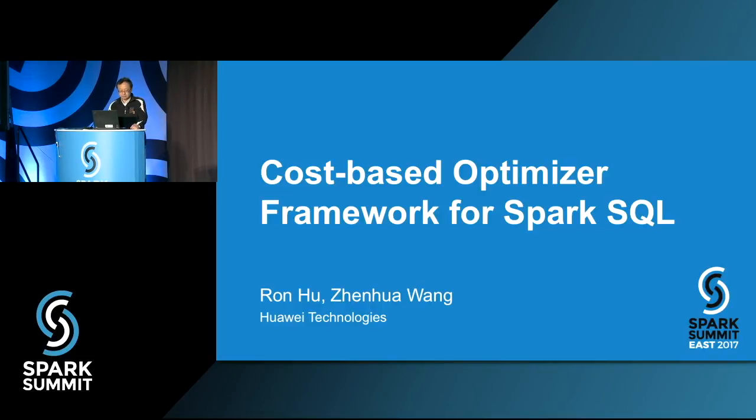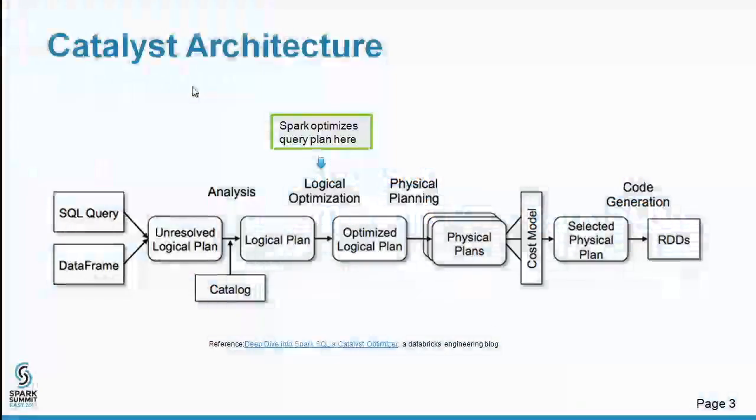This is a high-level architecture of Spark SQL, or the query compiler Catalyst architecture. A user can submit a SQL query or a DataFrame API call. And then Spark SQL's optimizer will generate a parse tree.